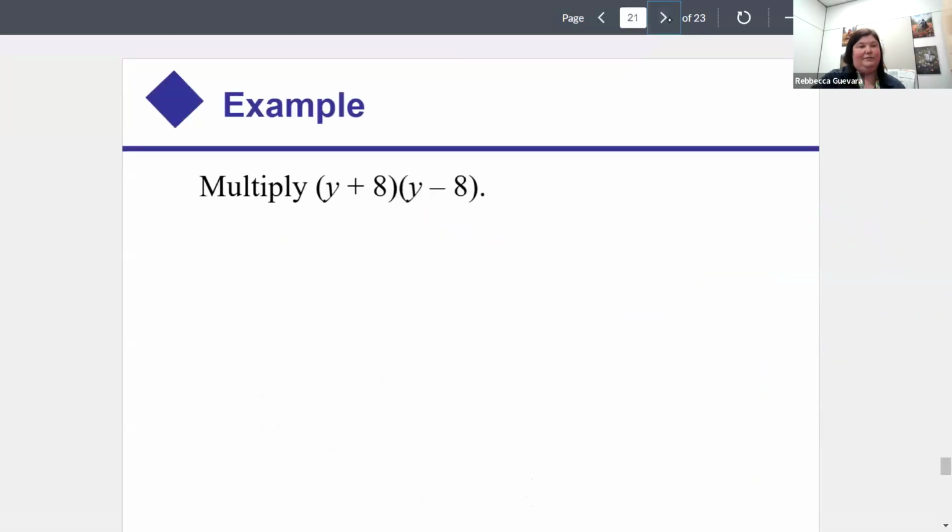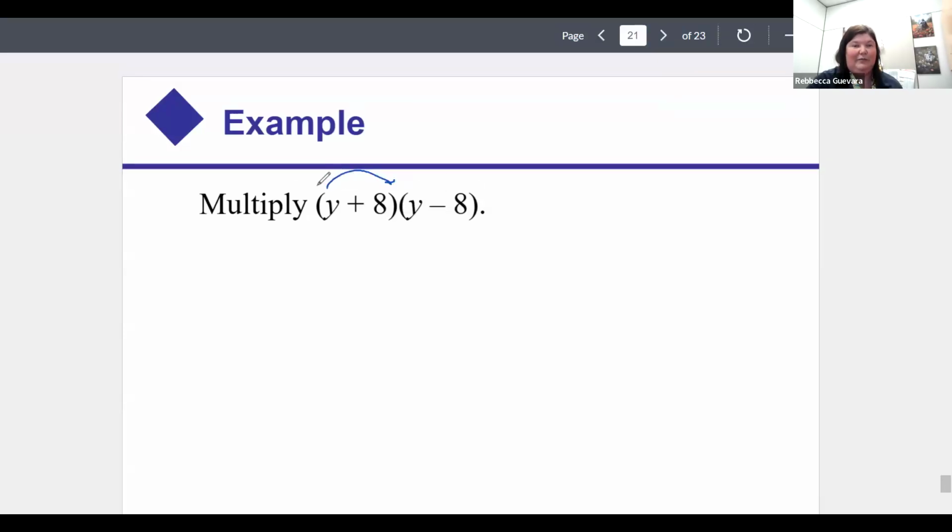For example, like I said, if I went through and I did my FOIL or my distribution, I'm going to have y squared minus 8y plus 8y minus 64. So I'd just be left with y squared minus 64.